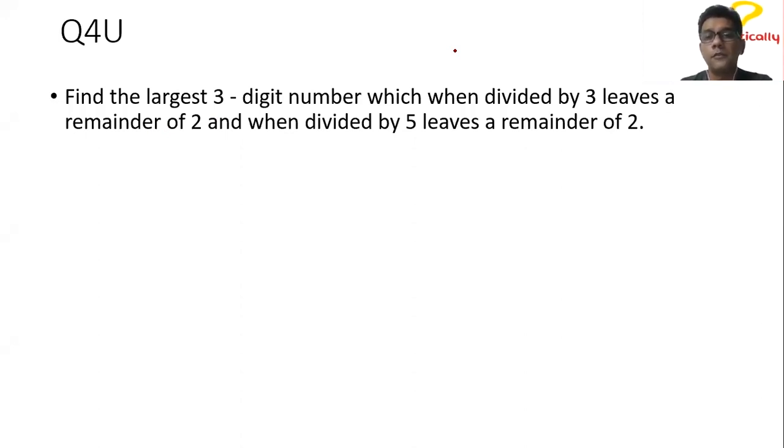Before you get into finding the largest 3-digit number, can you type in the smallest number that falls in this category? Let me see if there is even a single person who will get it right. The question is: find the smallest number which when divided by 3 leaves a remainder 2, when divided by 5 leaves a remainder 2.